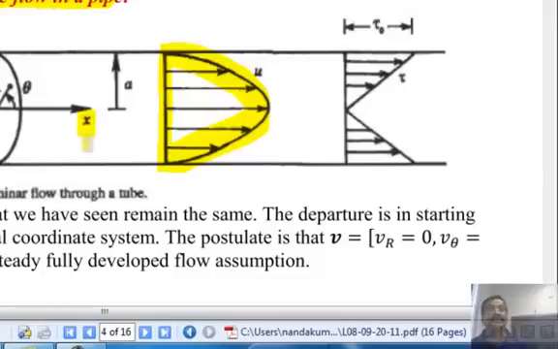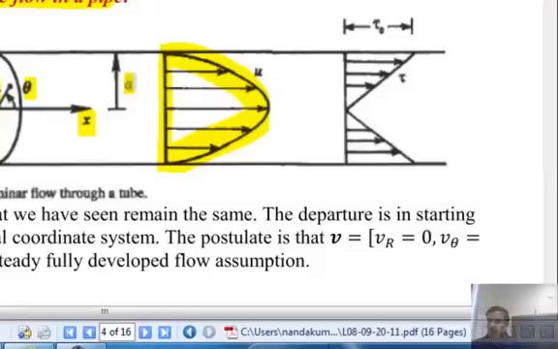Here, x direction is the axis, and r is the radial direction, and theta is the angular direction. So there are three fundamental coordinates that are orthogonal to each other, and axial x, radial r, and theta is the angular direction. The radius of the pipe is a.